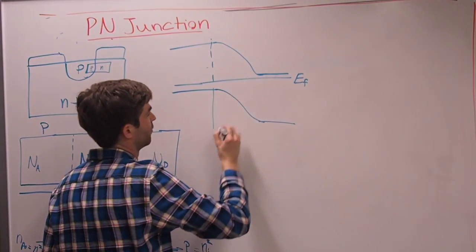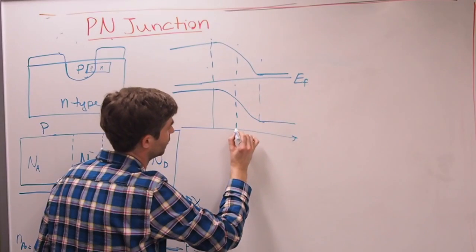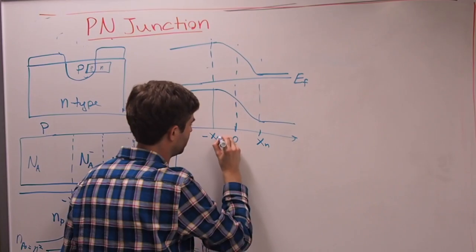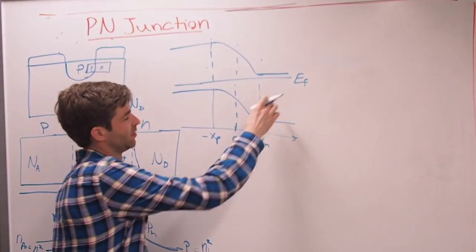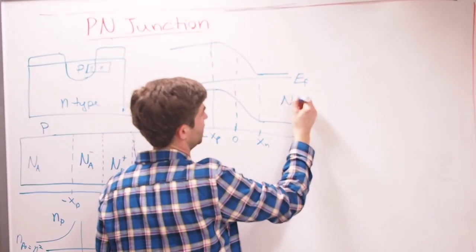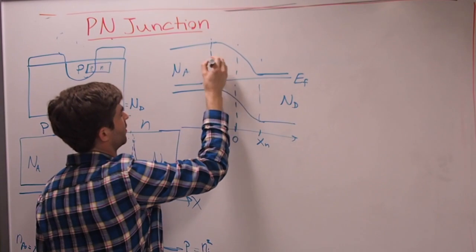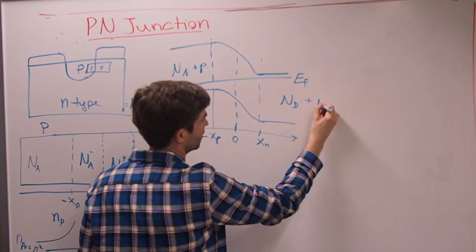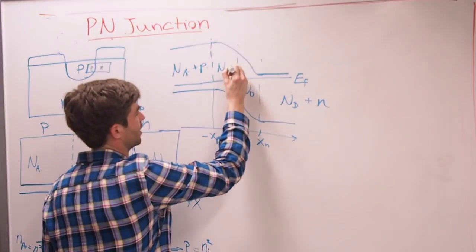And we're going to be able to show mathematically why this is all true, but we should have a physical meaning before we do all that. That's N negative XP, just like that. And in this bulk we just have ND, and in this bulk we just have Na, plus concentration of holes and this plus concentration of electrons, and in here it's just Nd, and here it's just Na, right?